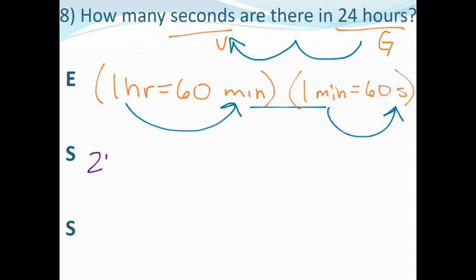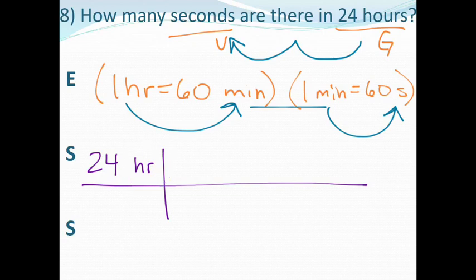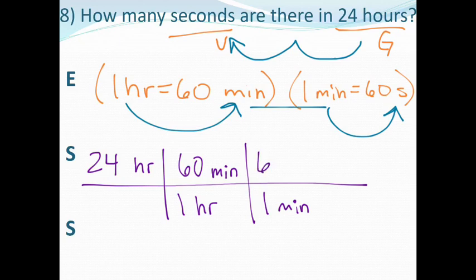Of course, our given is the first thing we write down on our line. We've got hours here, so these hours are going to be the ones we have to use. 1 hour on bottom, that means that 60 minutes goes on top. But I don't want minutes, so we keep going. We cancel out those minutes with our second equation and turn them into seconds.